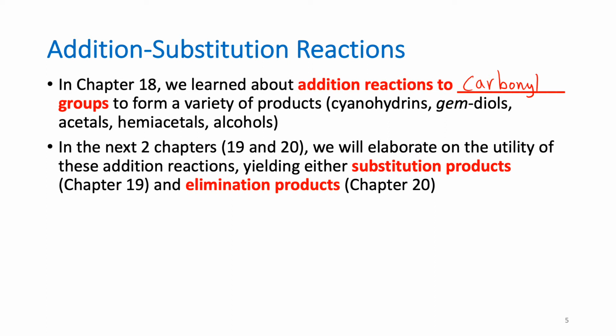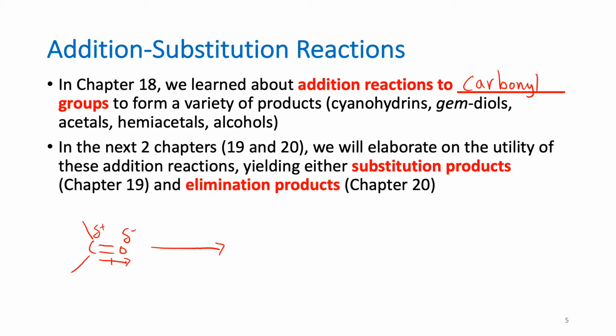In the next two chapters, 19 and 20, we will elaborate on the utility of these reactions, yielding either substitution products or elimination products. So what we have going on here is a carbonyl group, and recall that it had a partial positive right here and a partial negative on the oxygen due to the electronegativity or the dipole moment. And I'm going to change the color for this.